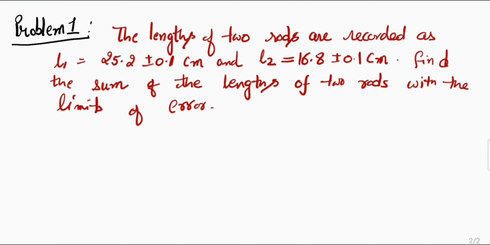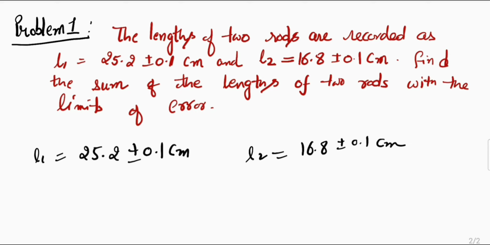This is related to the error of sum or difference. Here it is given that the length L1 is equal to 25.2 plus minus 0.1 centimeter and L2 is equal to 16.8 plus minus 0.1 centimeter. We have to find the sum of lengths of the two rods with limit of errors.